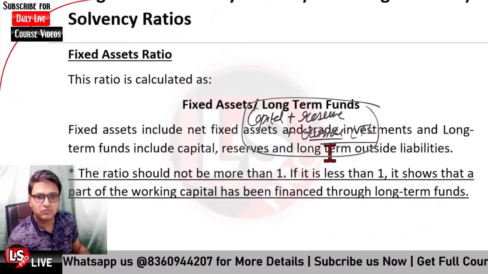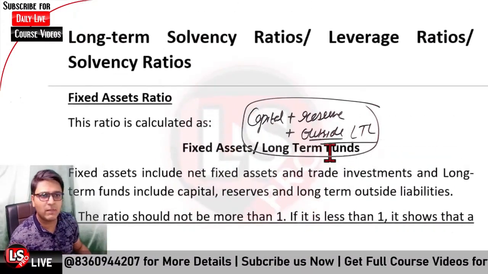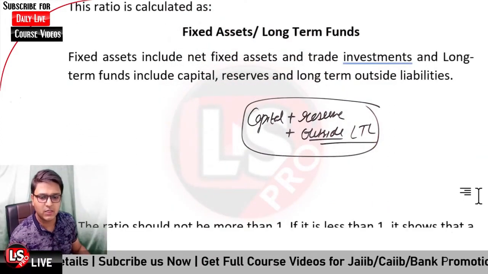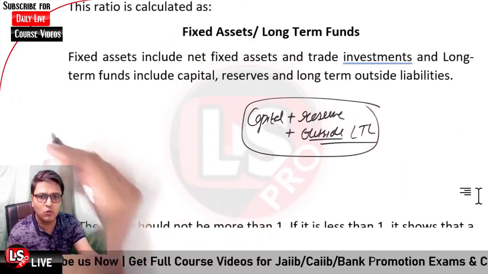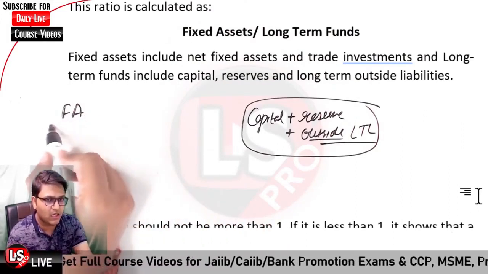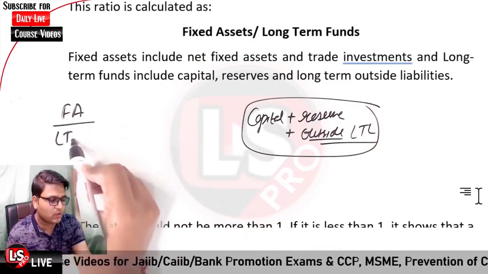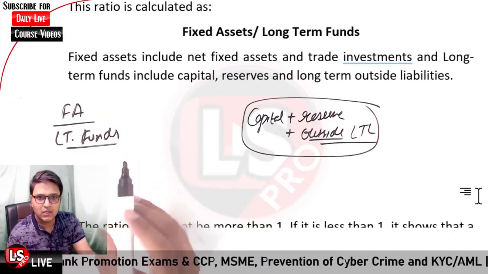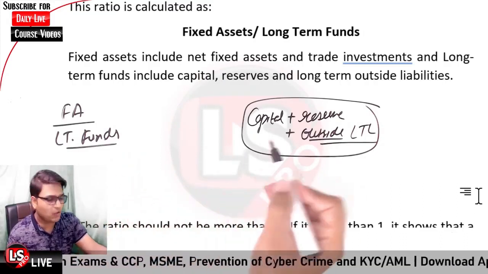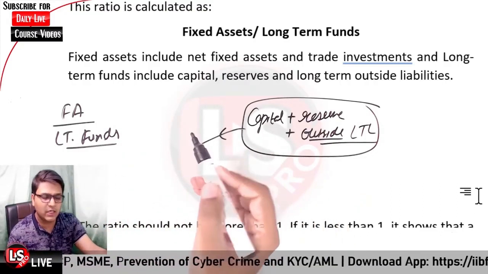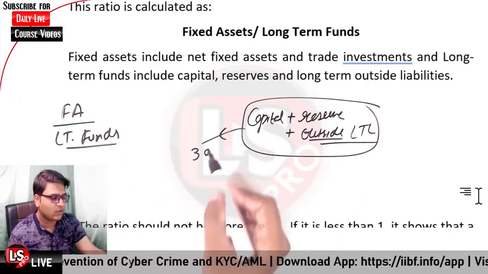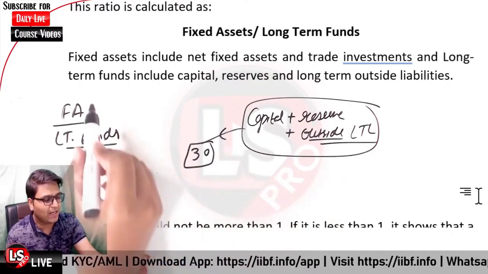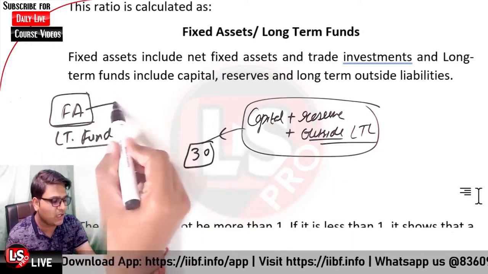Now there is one important point regarding it that you need to understand. We know that the ratio is equal to fixed assets divided by the long-term funds. Let us say the total of all three terms was equal to 30, and the fixed assets are 25.